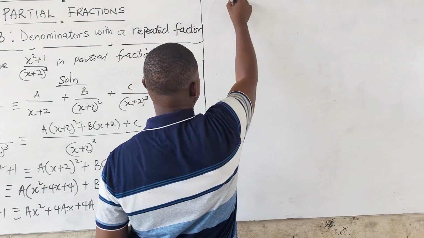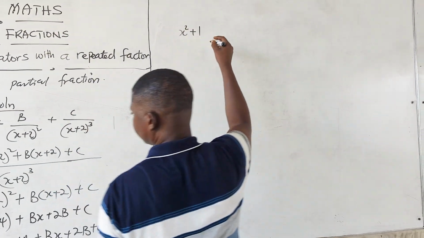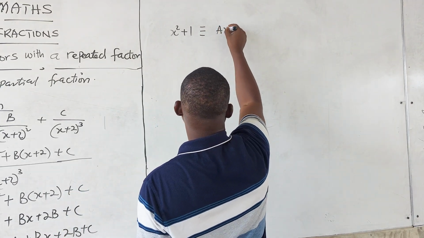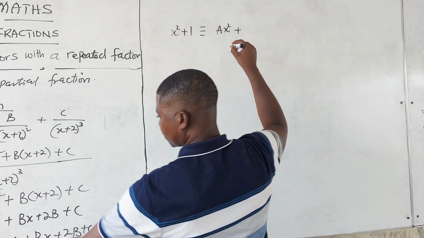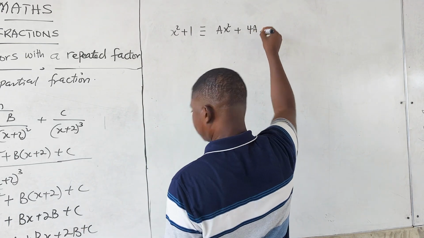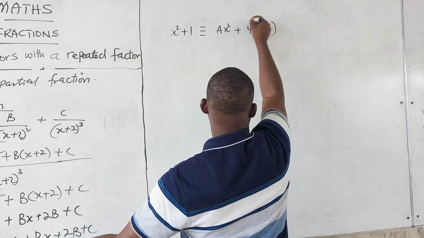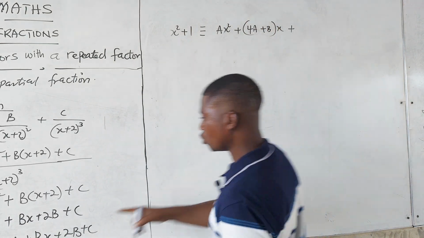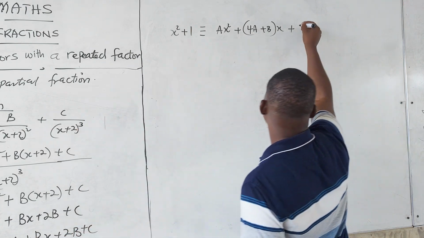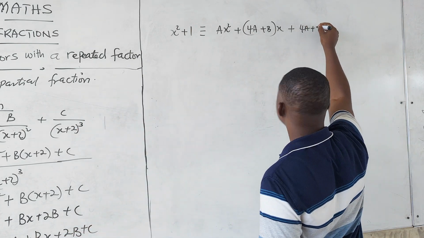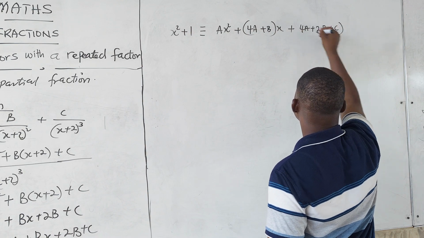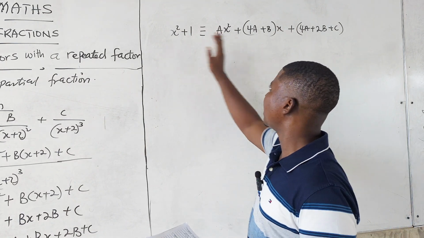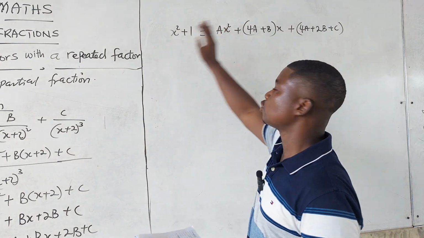So we have x squared plus 1 is equivalent to, for the square we have only a, so ax squared plus 4a plus b into bracket x, because those ones have the coefficient of x, plus those without x, 4a plus 2b plus c. So this is the grouping. And let's compare the right hand side to the left hand side.